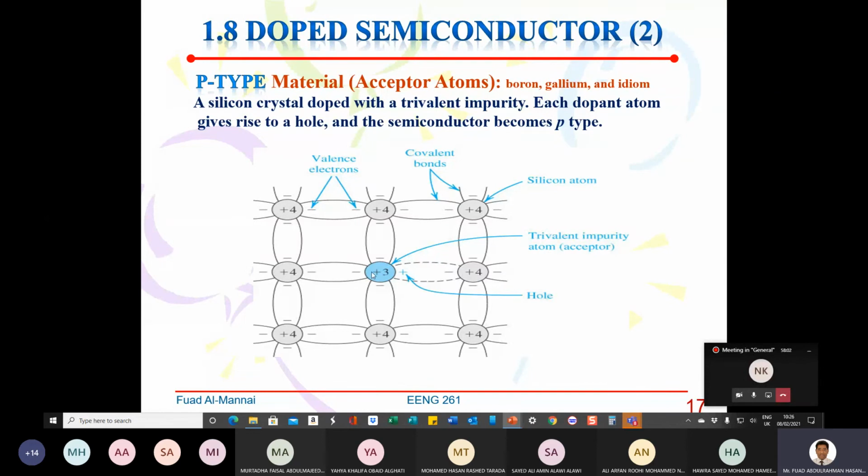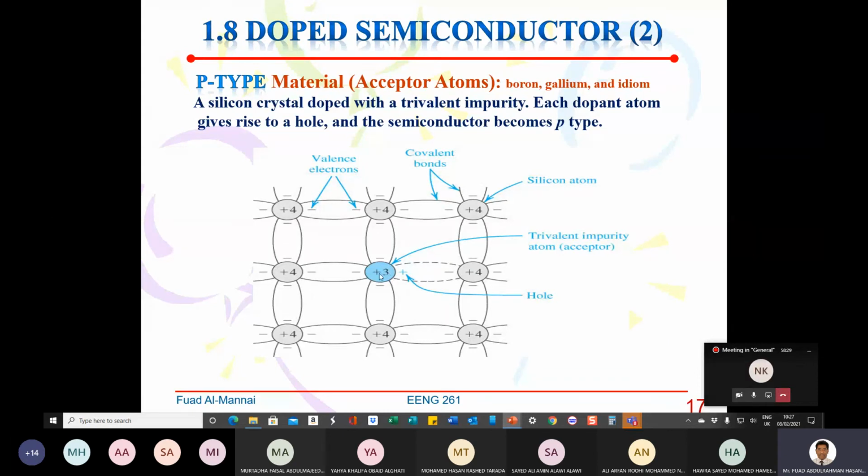We call this material, in this case the boron, acceptor atoms. Why? Because it accepts electrons coming from somewhere. We call this a trivalent impurity.